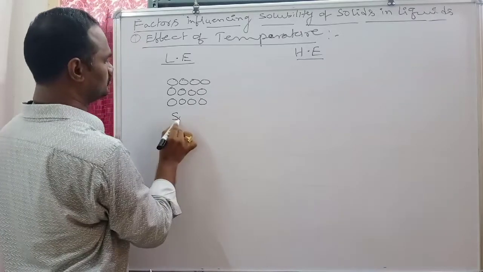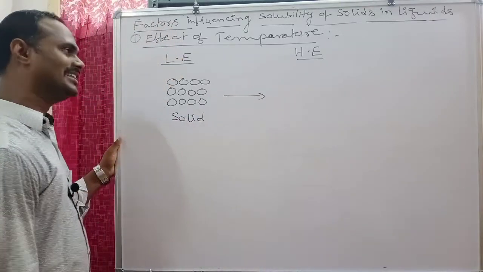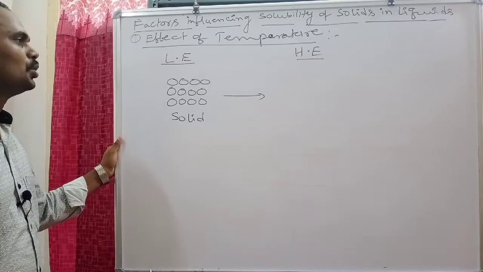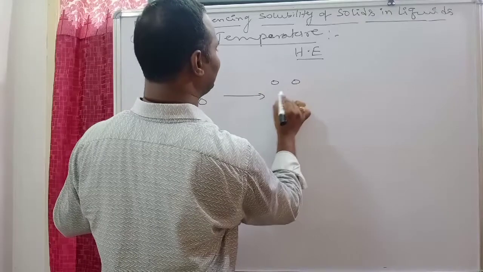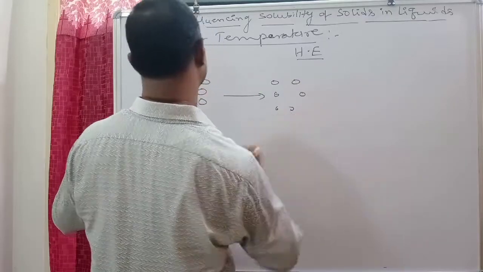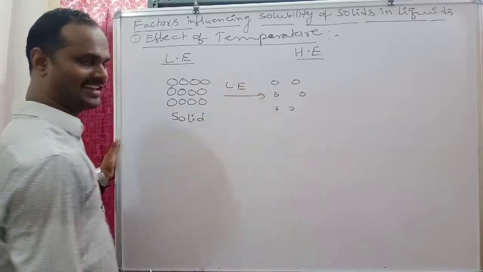Here I have taken an ionic solid. The energy required for this ionic solid to dissociate into separate ions is known as lattice energy.